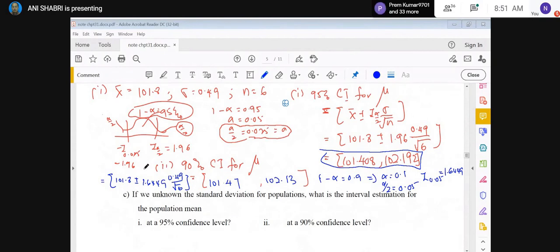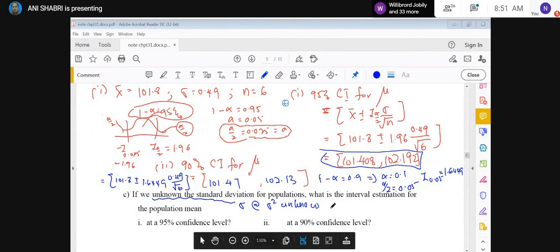Okay, number 2, if we know the standard deviation. For example, in this one we don't know the value of sigma. Sigma is not given, so it is unknown. Tak diberi. From here we can use the sample. We just take s from the sample.